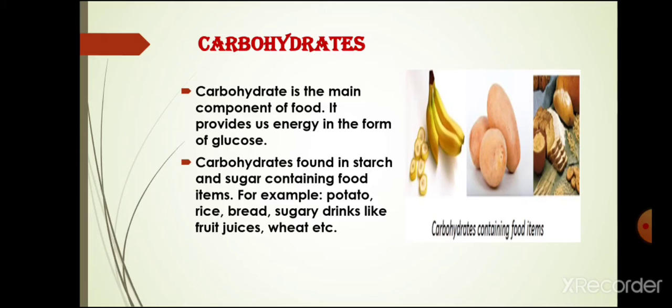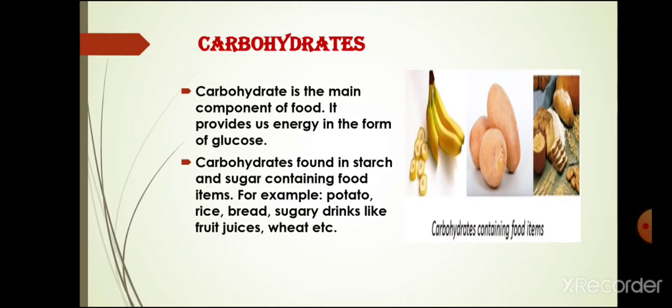Because these foods are rich sources of carbohydrate and provide energy to the body for carrying out our daily activities. Other examples of carbohydrates are potato, banana, sugar, rice, juice, and many more which provide us energy.